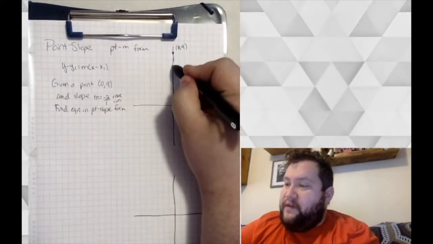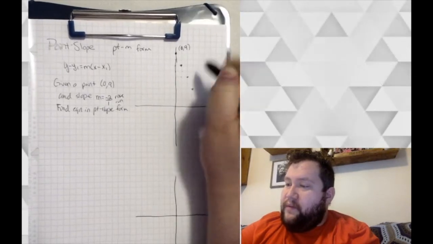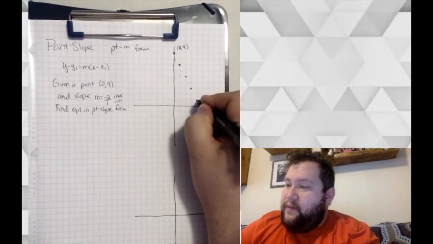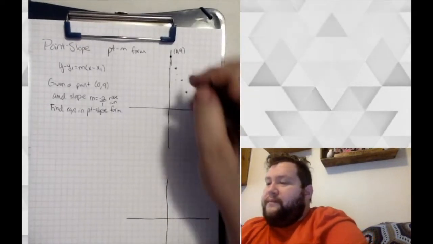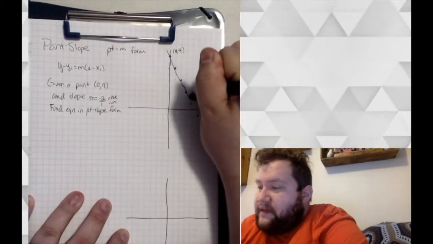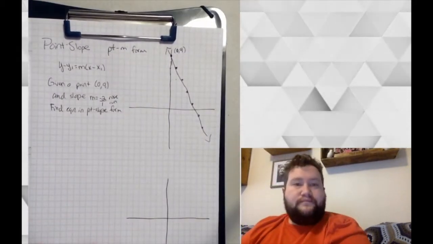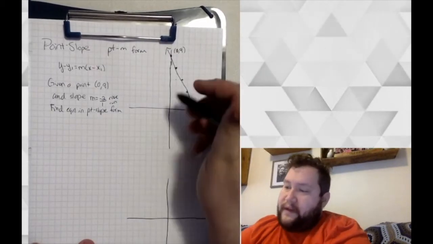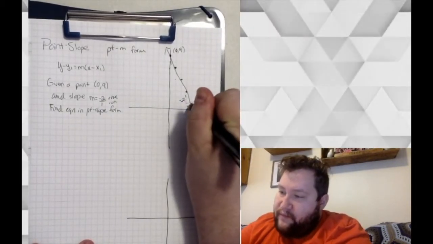We go down 2, right 1, down 2, right 1, and so on, and we connect it. So this is the line for which we're finding the equation. Right, because if we look at one of these triangles, we go down 2, right 1.